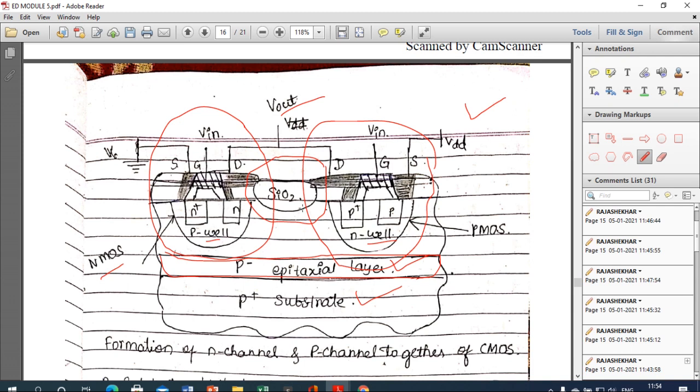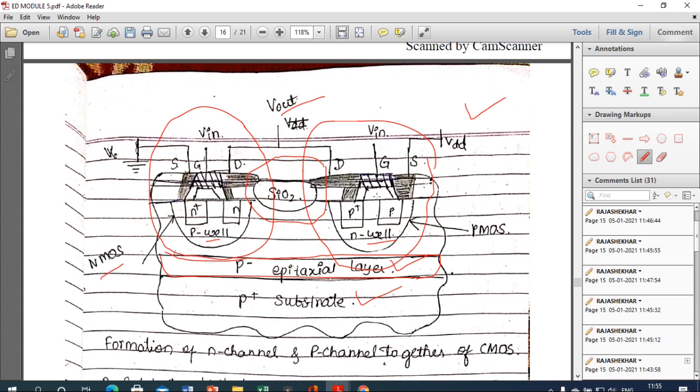So SiO2, a silicon dioxide layer, acts as an insulator between NMOS and PMOS so that they should not get short circuited.